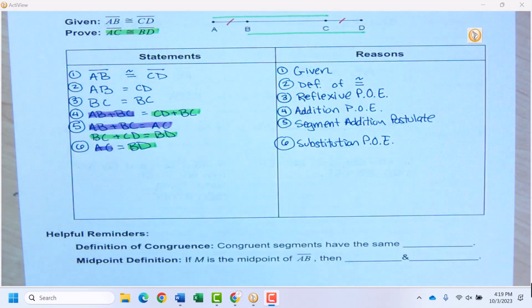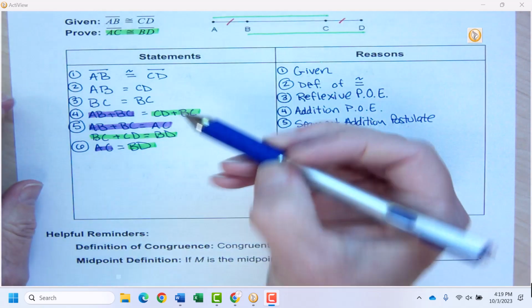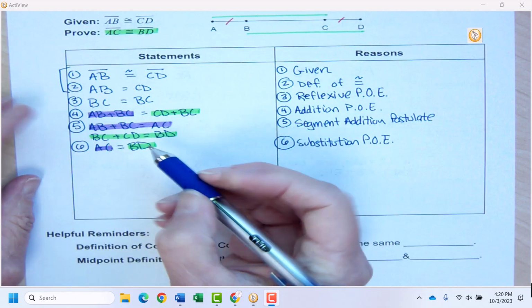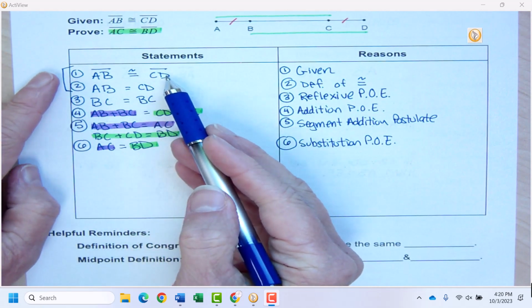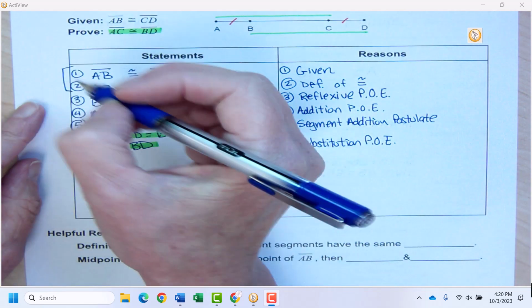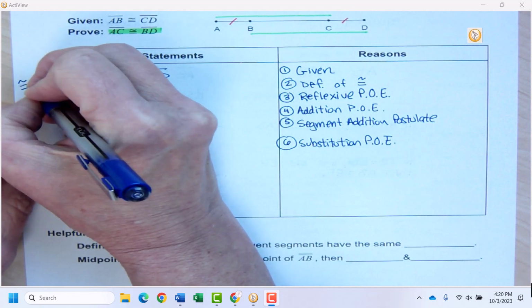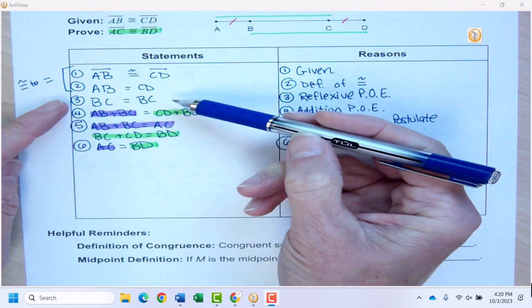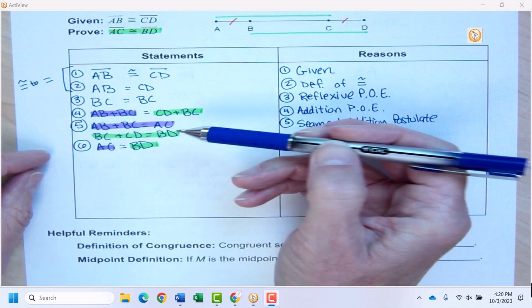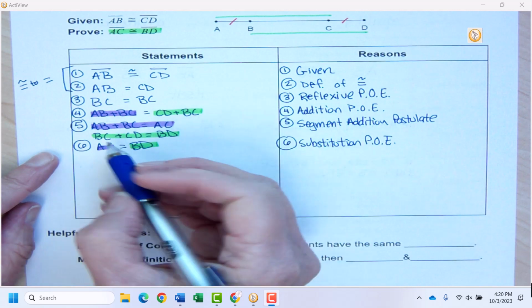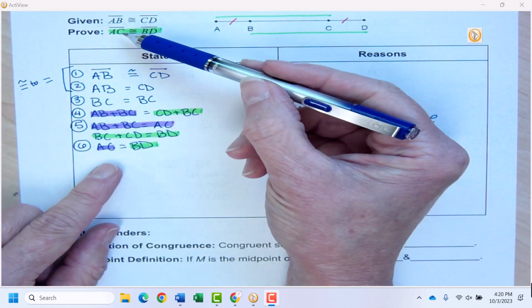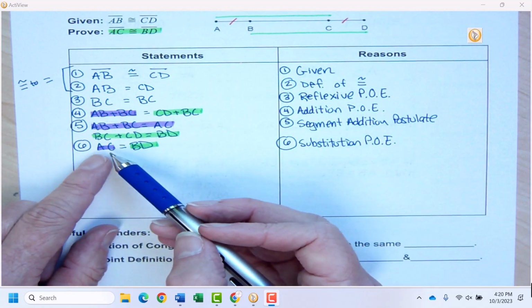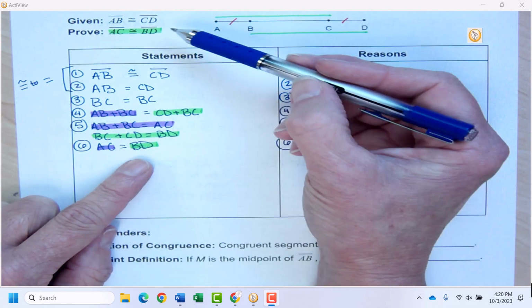And I'm almost there. So just so we're clear, what I've done so far is I started by changing congruence to equality. I set up some equations where I could substitute in and get super close to what I wanted. I want to say that segment AC is congruent to segment BD. And I've got the measure of AC is equal to the measure of BD.